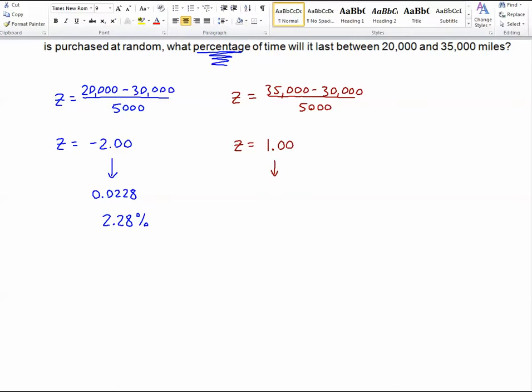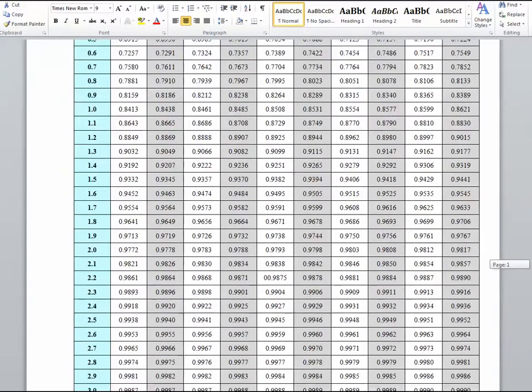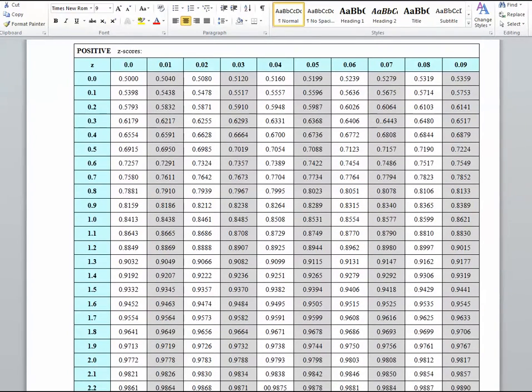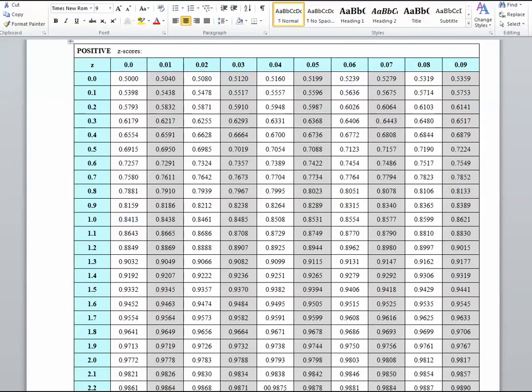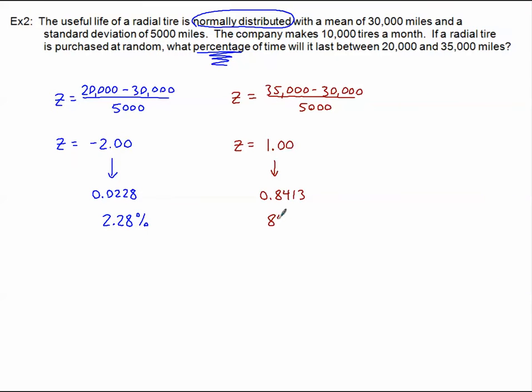In fact, I think we've already done that for 1.00. 1.00 is right here, 0.8413. Is that what it was? 0.8413, yes. And that, of course, is an 84.13%.